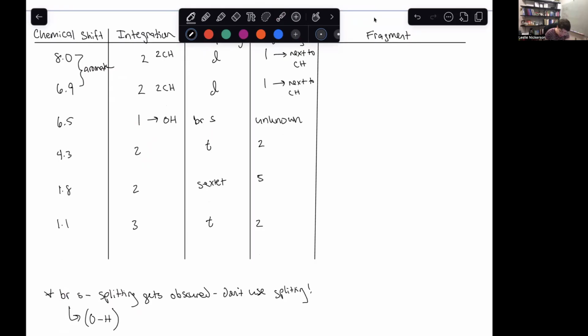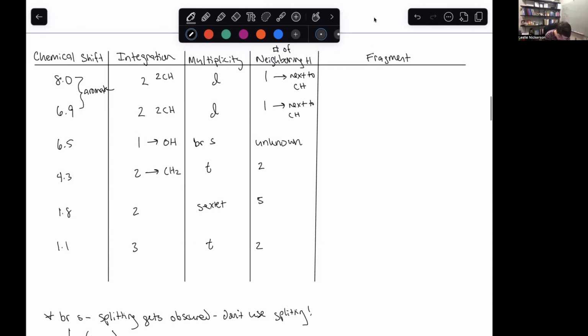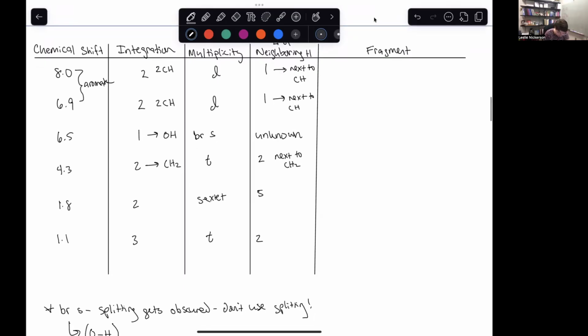So the 4.3 peak integration of 2, that's very likely to be a CH2. And it is a triplet, so it is next to a CH2. Okay, again, as our most likely version of this answer. 1.8 integration of 2, probably another CH2. It's a sextet, so it's got 5 neighbors.